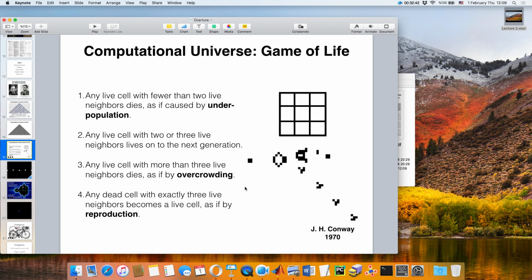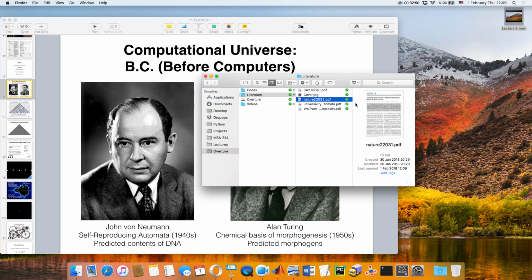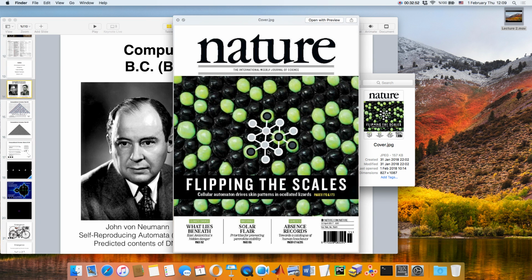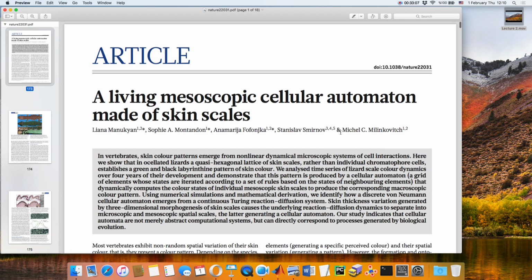I want to prepare you. Okay, this slide apparently is not so accidental. Let's just read this paper that appeared on the cover of Nature, this time very recently. 2017, I believe, yes. 13th April 2017, Nature cover. And what they realized is a living mesoscopic cellular automaton made of skin cells.